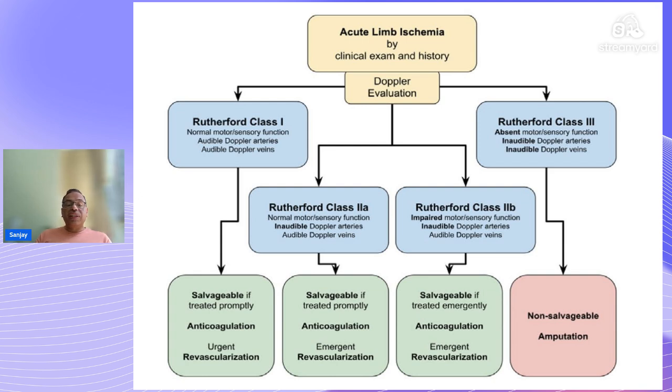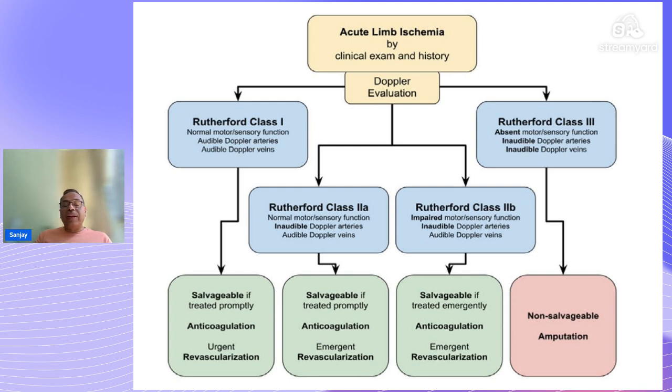If the patient is Rutherford class 1, where there is normal motor and sensory function, audible Doppler arteries, audible Doppler veins, then this patient's limb is still salvageable if treated promptly. So immediate heparinization, anticoagulation should be started, and then the patient should be planned immediately for a revascularization procedure.